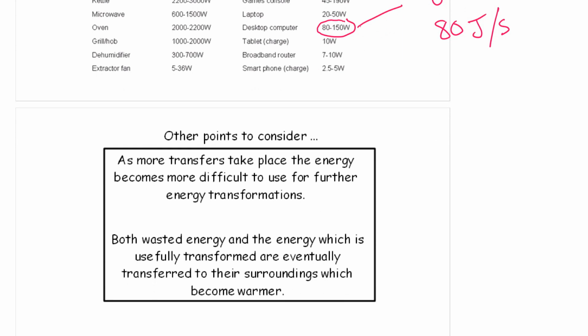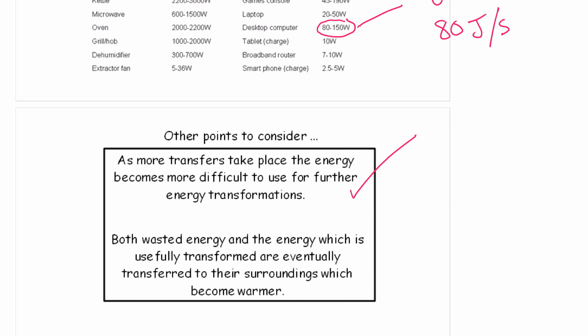Now, I think the final points to consider during this lesson. As more transfers take place, the energy becomes more difficult to use for further energy transformations. So let's take, for example, a kettle.